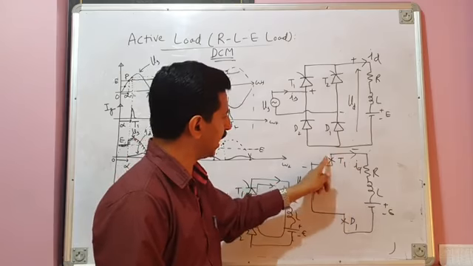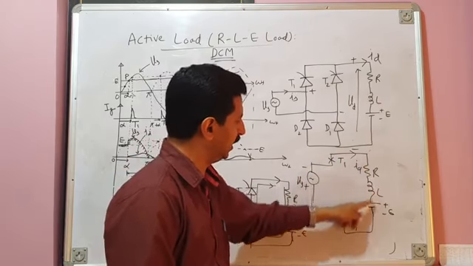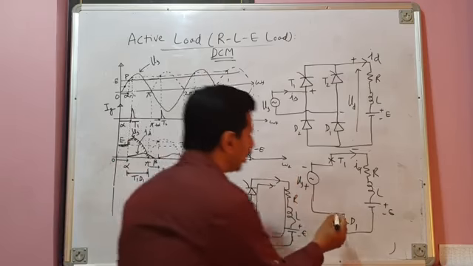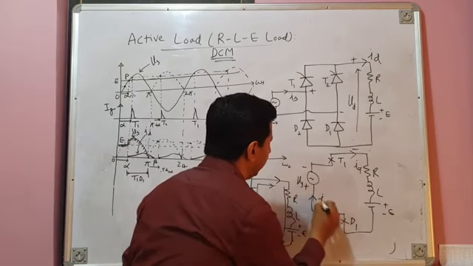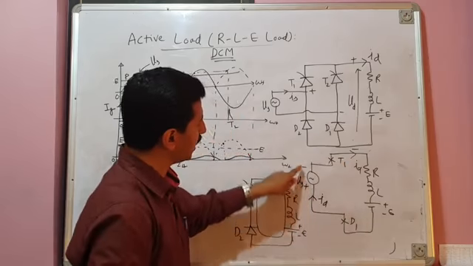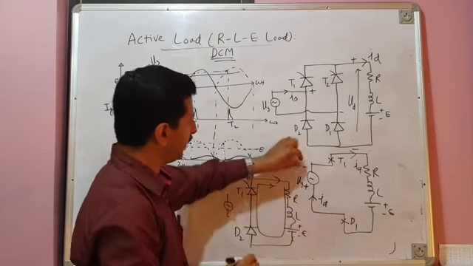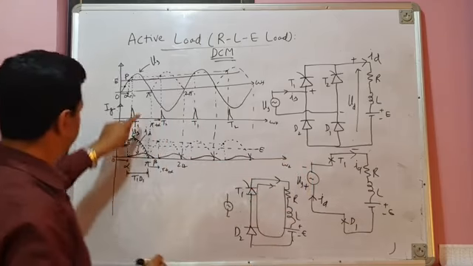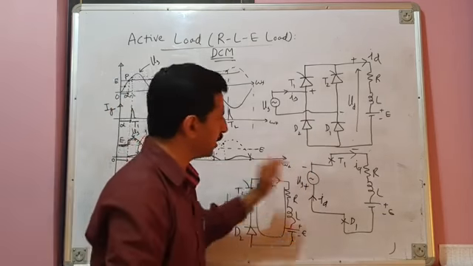If current chooses the path T1 and D1, the load current ID has to flow through the source. The source has already reversed its polarity. Previously it was positive; now, beyond omega t equal to pi, source voltage becomes negative.